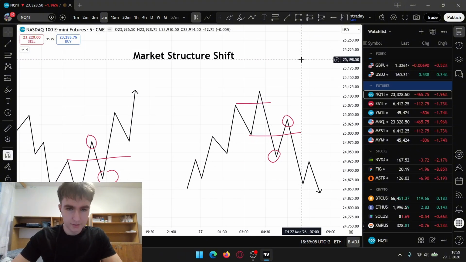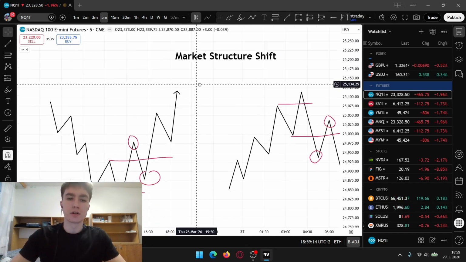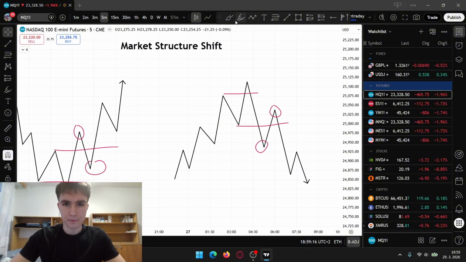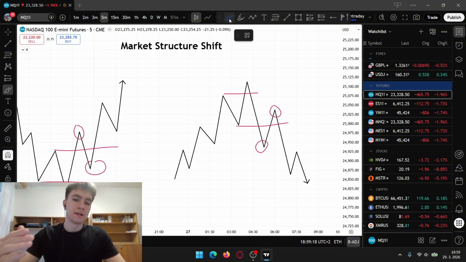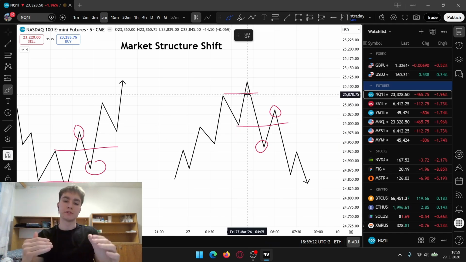And the third, most important thing in how to actually determine whether the market is trending, or what the current trend is, is the market structure shift. It's basically when a swing low or a swing high is broken against the trend.